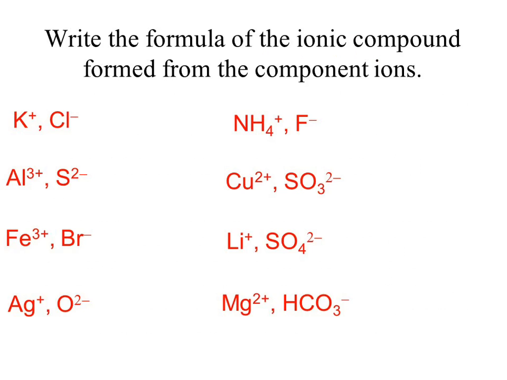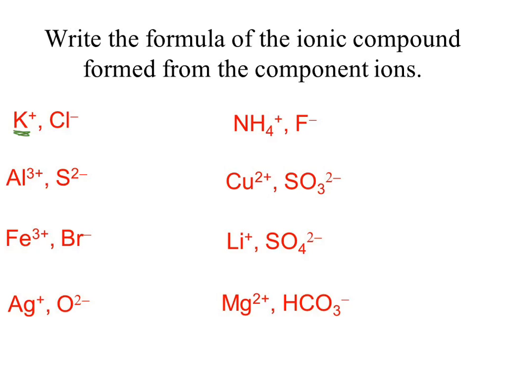So some of you have already been exposed to this, but let me show you my favorite method of doing this. It's called the crisscross method, if you haven't run into this before. What crisscross says is basically you take the magnitude. For instance, potassium is a 1A metal, and so it'll lose that valence electron and form a +1 charge.